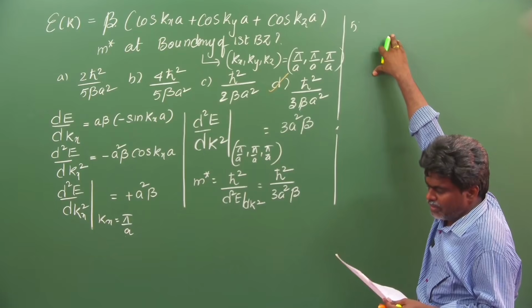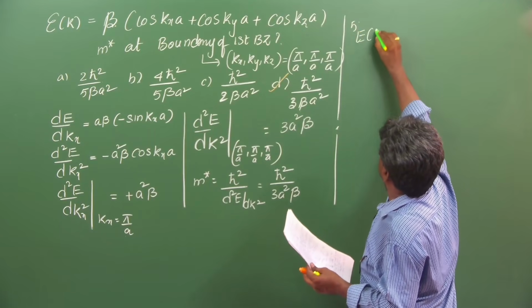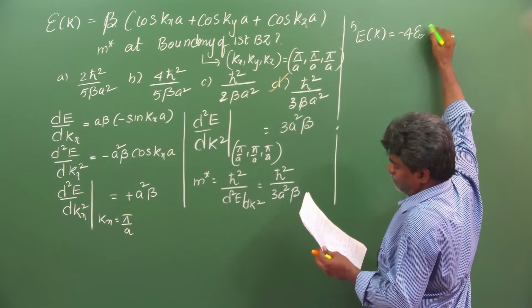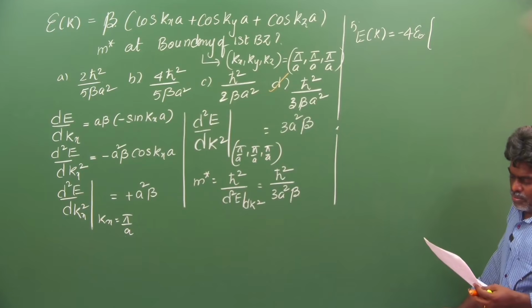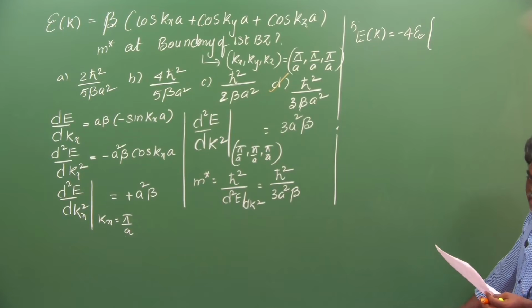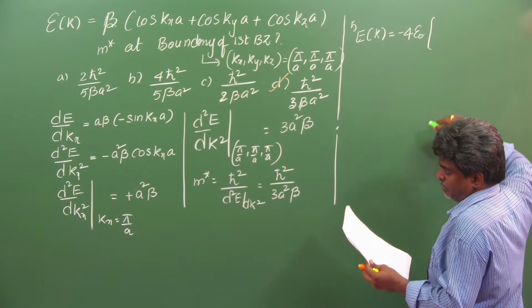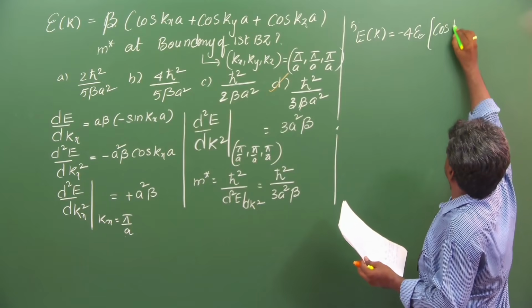Ready? The dispersion relation of electron in FCC crystal is given by, please write down.